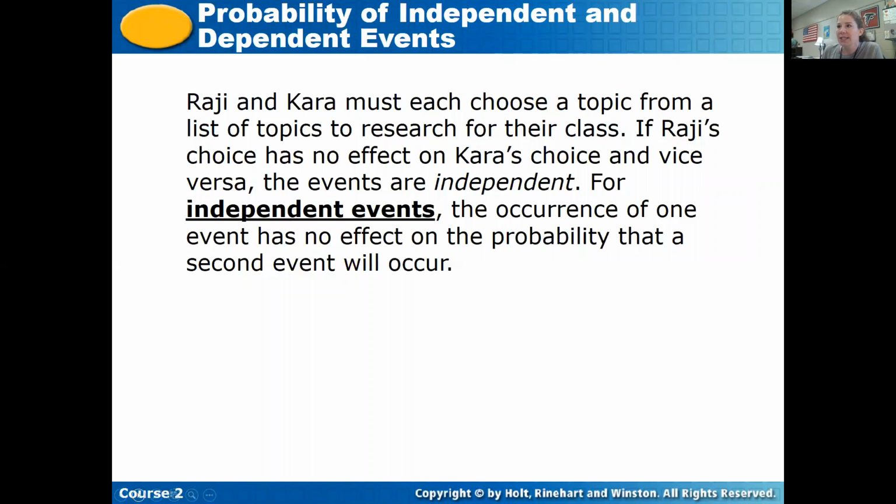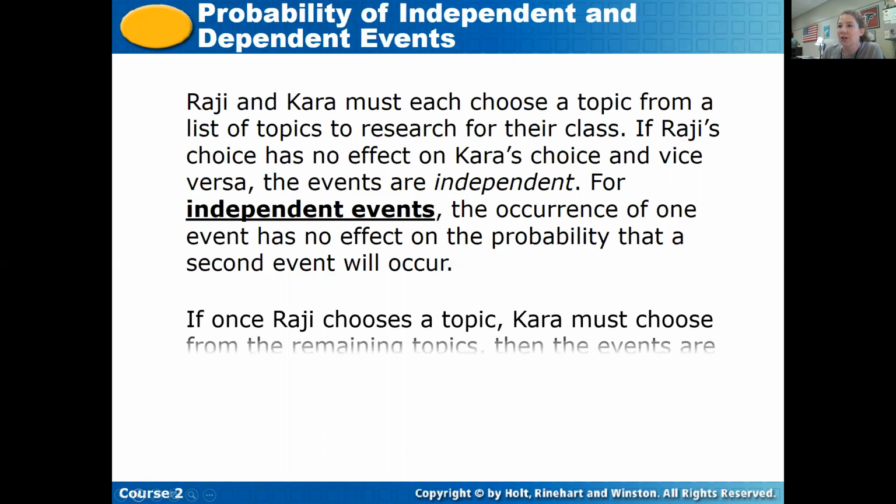All right, so Raji and Kara must choose a topic from a list of topics to research for their class. If Raji's choice has no effect on Kara's choice, and vice versa, the events are independent. For independent events, the occurrence of one event has no effect on the probability that a second event will occur.